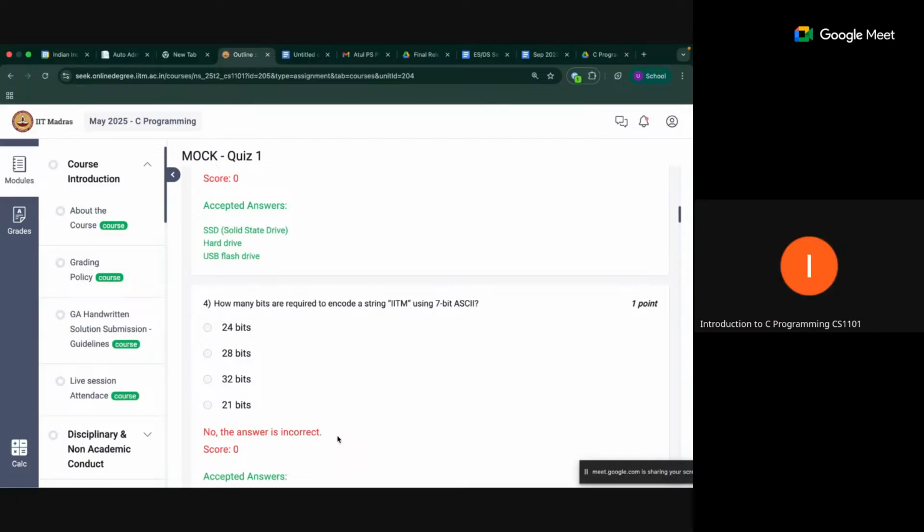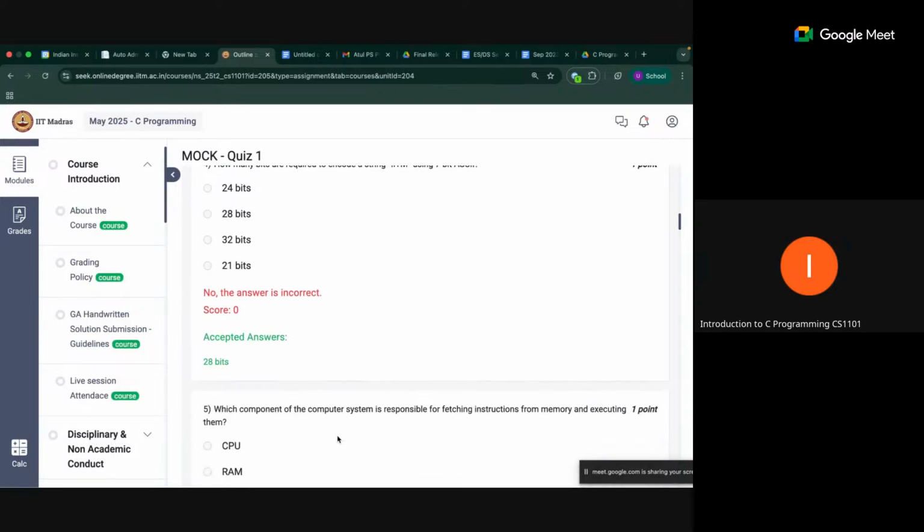Okay, how is it 28? IITM has 4 letters and it says 7-bit, so 7 fours are 28. Because they have clearly mentioned that it's 7-bit ASCII, so it will be 7 per character. There are 4 characters, so 7 times 4 is 28.